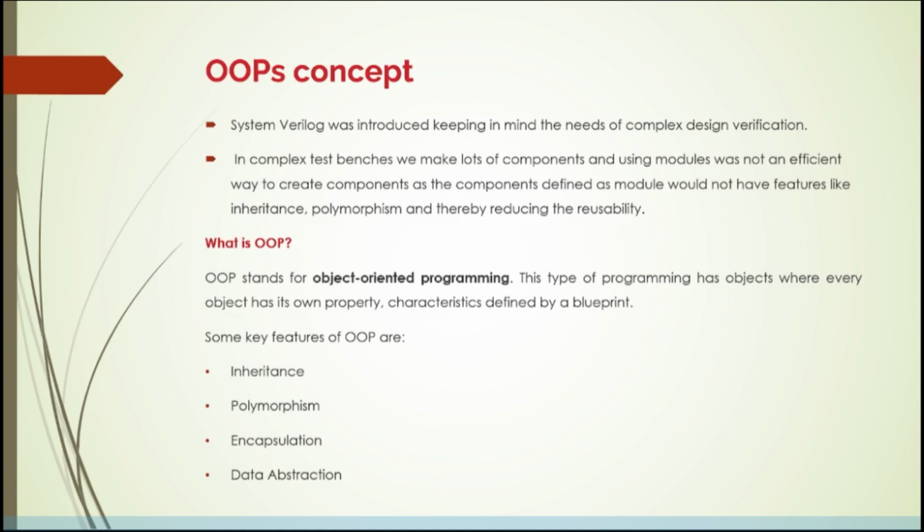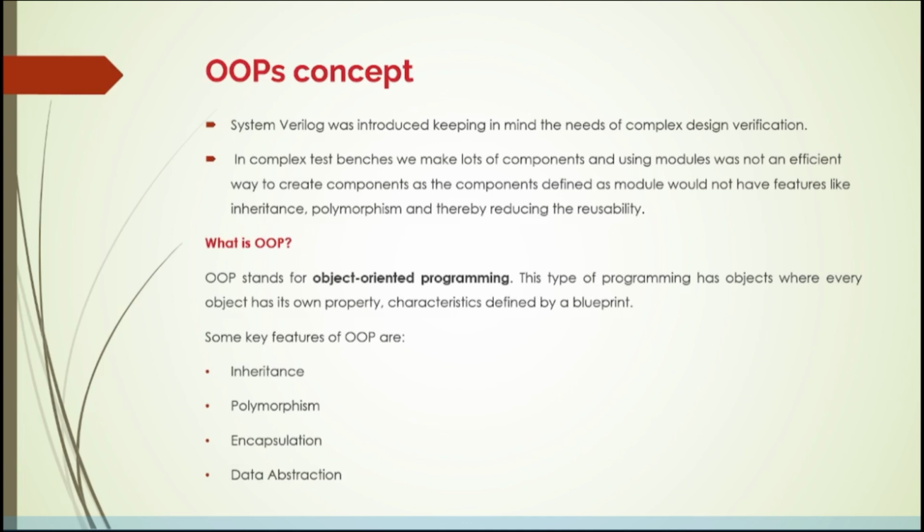Because in data abstraction, the properties and methods are not visible to the child class, just like the ID card doesn't contain all the information, similarly the child class doesn't contain all the properties and methods. It will only take the properties that the parent class shows.